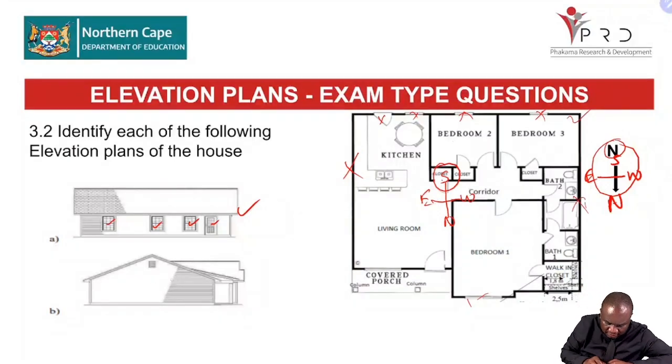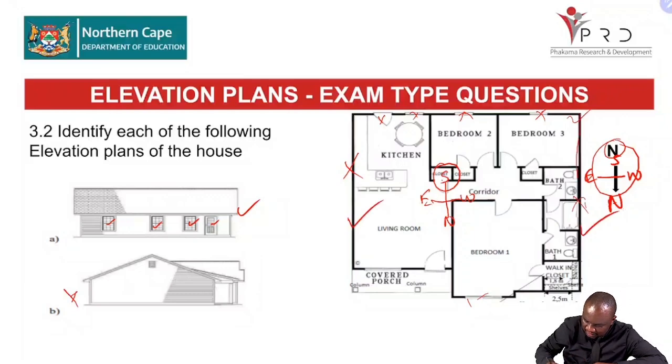And then this one. How do I identify this one? It could be this side or this side. Why am I saying that? Because I don't see any window there. Okay, but now if I look at this side, it means I should be seeing this whole block and a small part of this, but with this one I can see this whole stuff here.